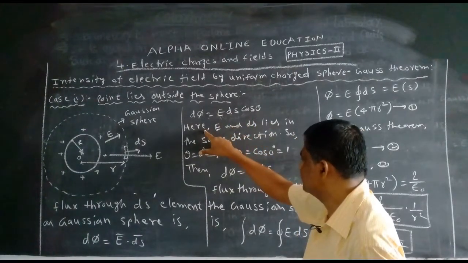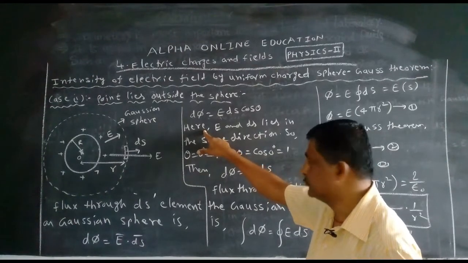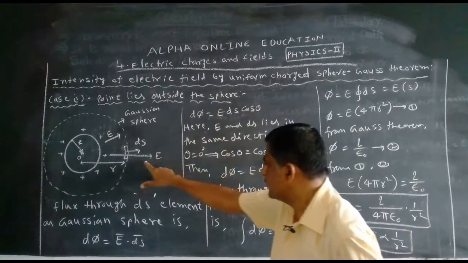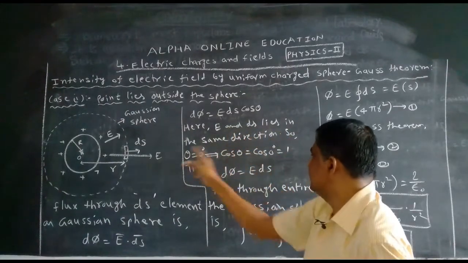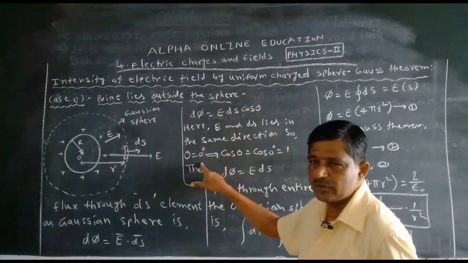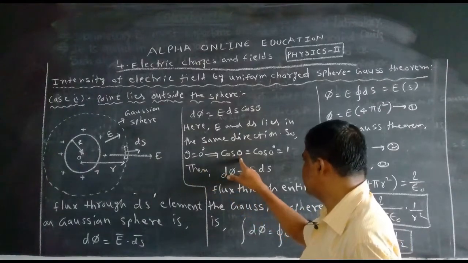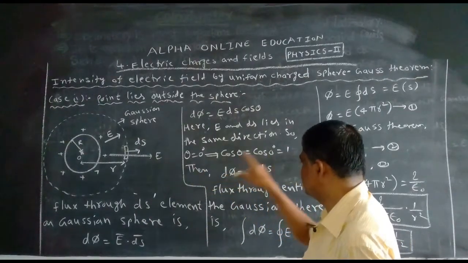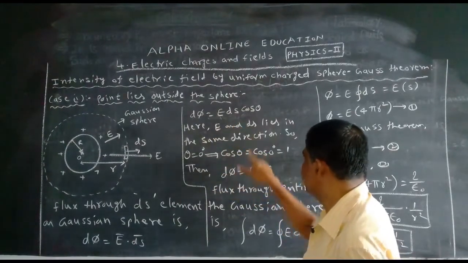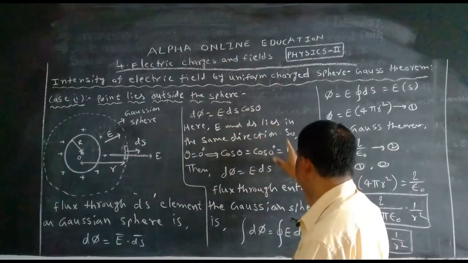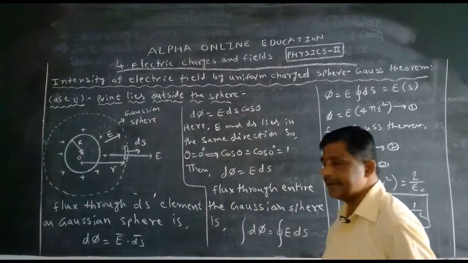Here E and ds lie in the same direction, so theta is equal to 0. Cos theta is equal to cos 0 is equal to 1. Then d phi is equal to E ds.